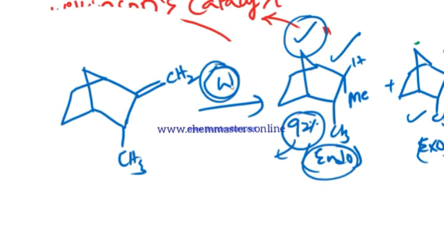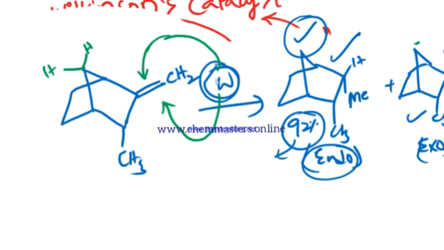Whenever Wilkinson's catalyst is going to interact or coordinate with the unsaturation part of the given substrate, two possibilities are there. One is from this end and one is from this end, that means the backside end.